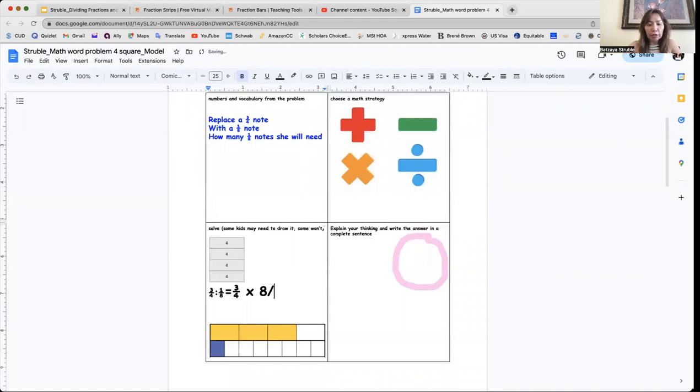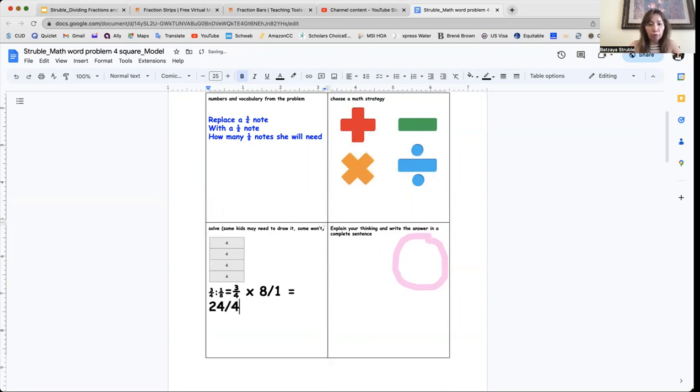So that means 8 divided by 1, right? Now we can then multiply 3 times 8 is 24 divided by 4, right? And 24 divided by 4 is 6. So that is the answer.